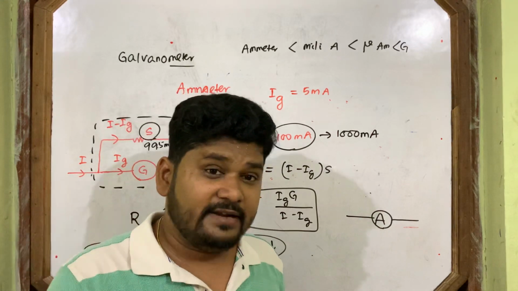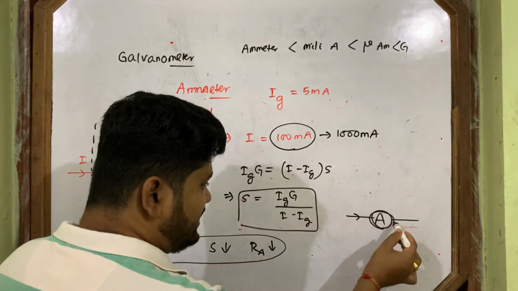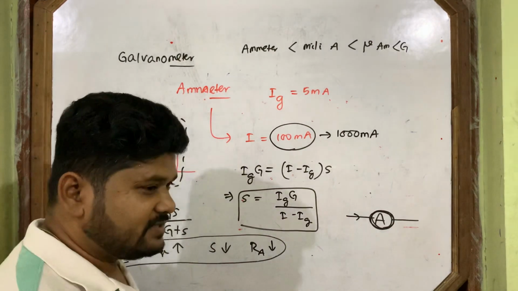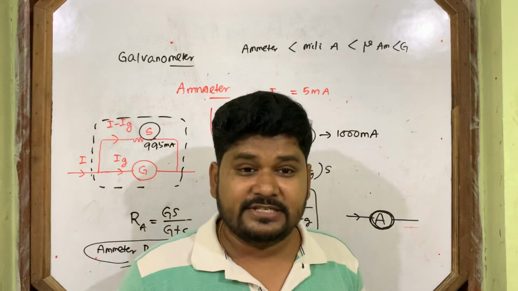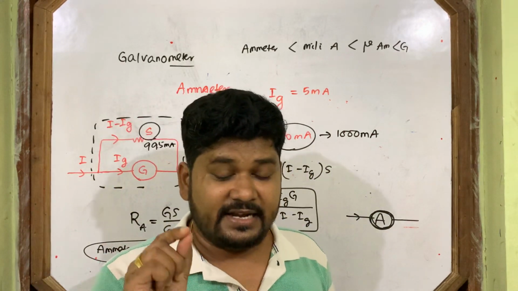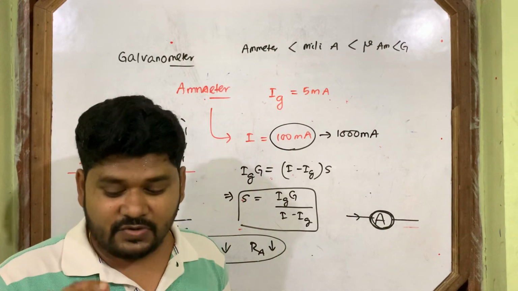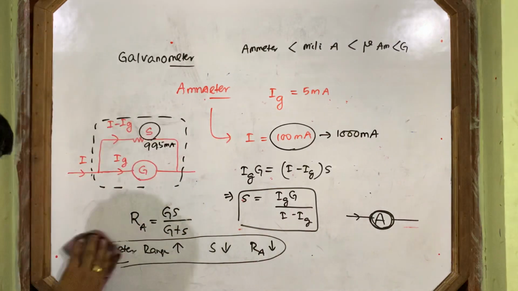But an ideal ammeter will not block or lose any current through it, which means its resistance is 0. Remember, an ideal ammeter has 0 resistance. So this is about the ammeter.